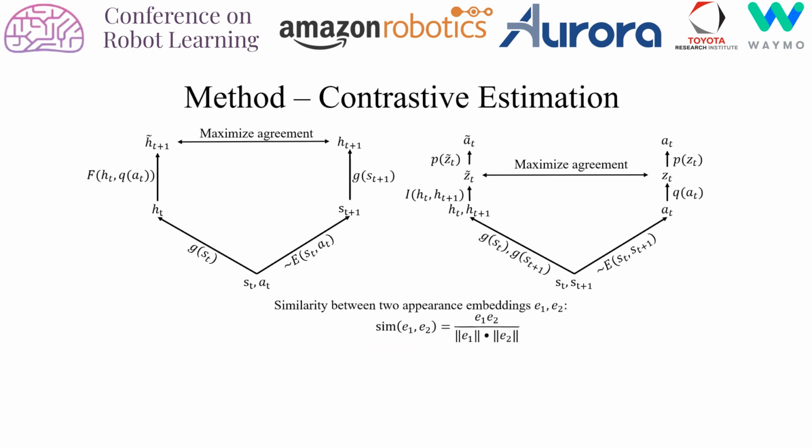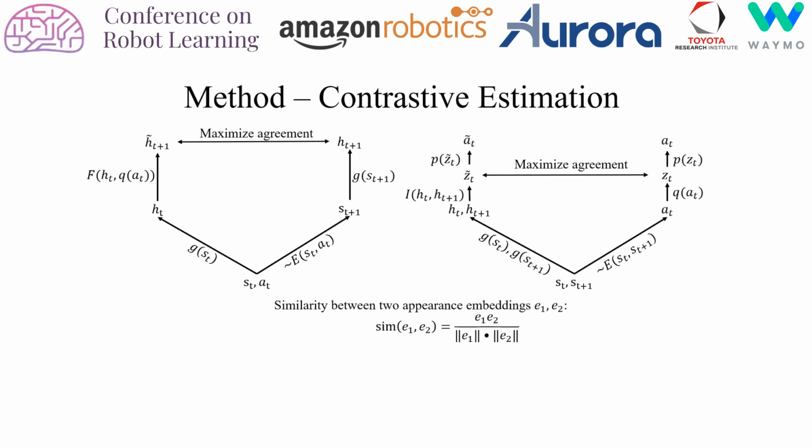Inspired by recent contrastive learning algorithms, we propose to train these models by maximizing agreement between the predicted and real representations via a contrastive loss. Here we use cosine similarity to denote the distance between two representations. We randomly sample a mini-batch of N state-action-state tuples.